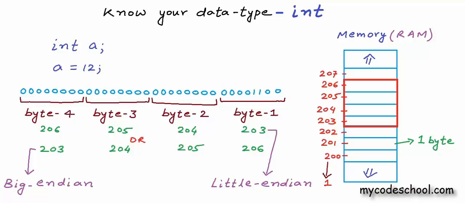Let's assume that our memory here has Little Endian architecture. So byte 1 will go at 203, byte 2 at 204, byte 3 at 205, and byte 4 at 206. So this is how data gets stored.